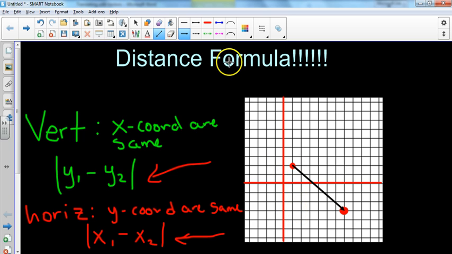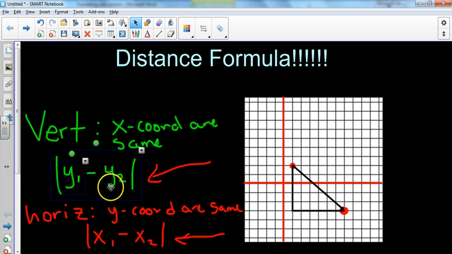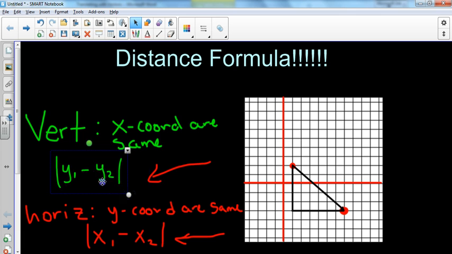Okay, so to find the length of a translation, we have to look at the components. How far vertically did our segment move, and then how far horizontally did our segment move? Well, if this is our little formula for the length of a vertical segment, then whatever the y-coordinates happen to be, they're going to follow this rule, right?